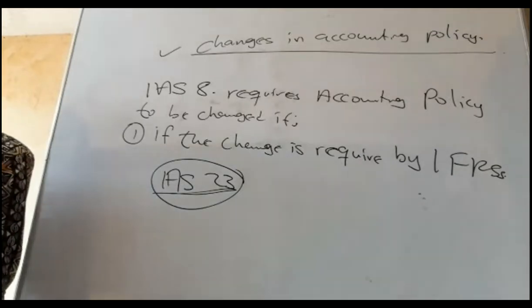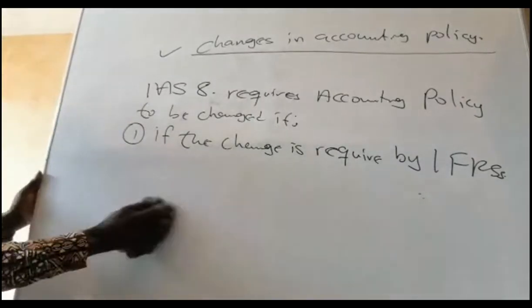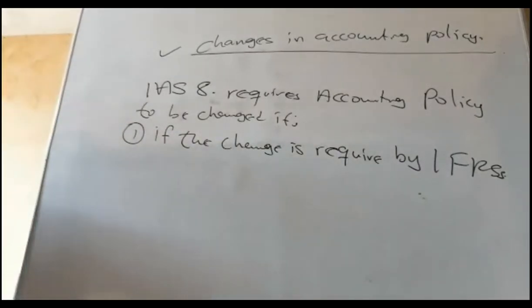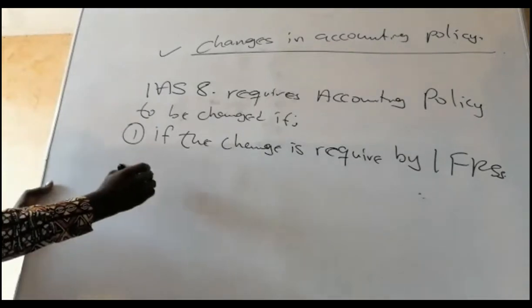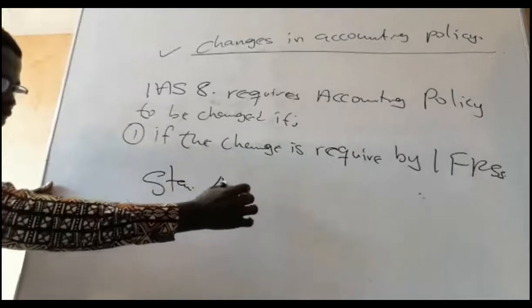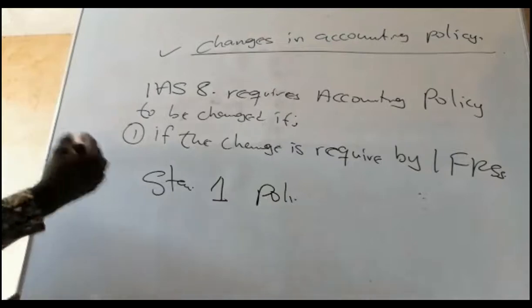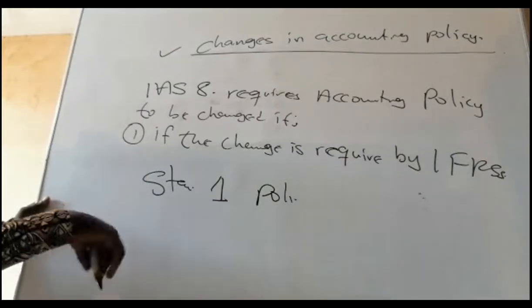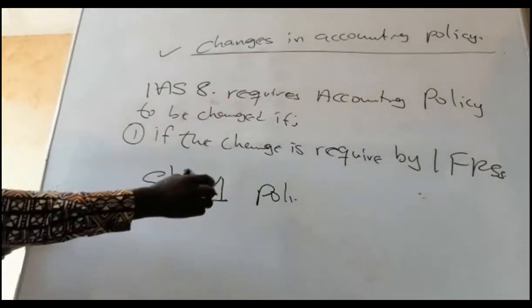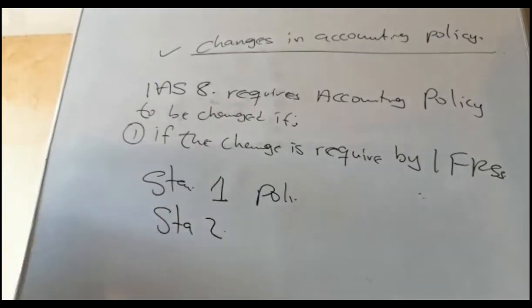So in simple terms, you were using maybe standard 1. There was a policy there that you are using. And now later on, they've revised it or changed it. Maybe standard 2 has come out with a new policy, and that is a change in accounting policy.